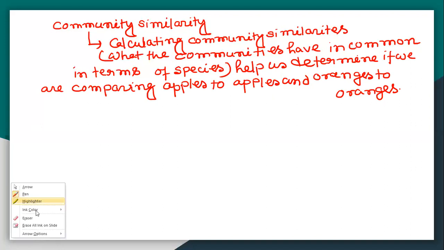indices that is used is the Sorensen coefficient. So for the community similarity index, the formula is given by the Sorensen coefficient.